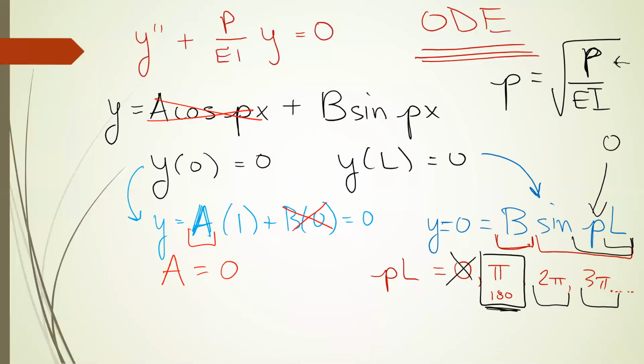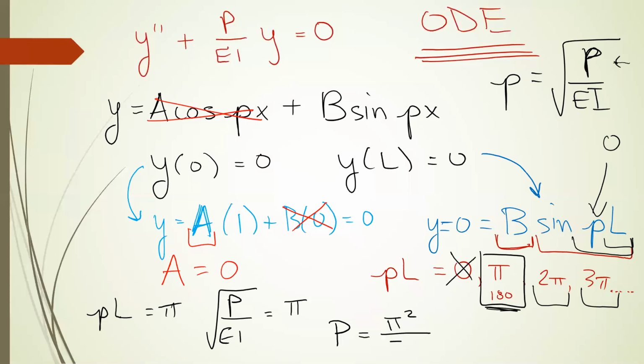So what we're interested in is pL equals pi, which means square root of P over EI times L equals pi, which means our buckling load equals pi squared over L squared, and then times EI.